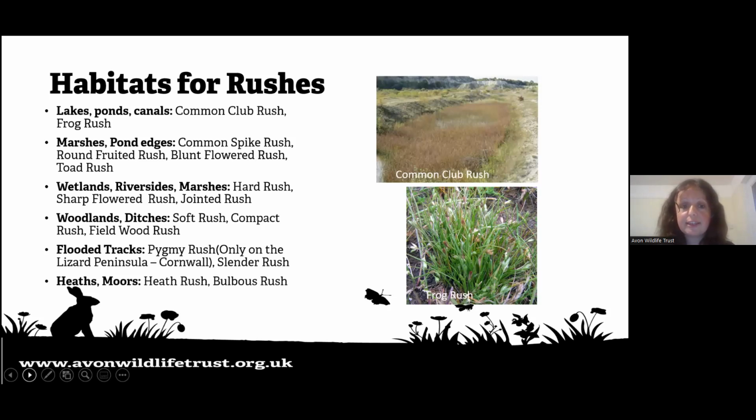I've written in a later slide that there's seeds at Kew Gardens. They're trying to help with the population of this particular rush. And they also grow in heaths and moors. Frog rush, which you'll find there, and toad rush, they're coastal rushes. And all rushes don't like dry habitats.